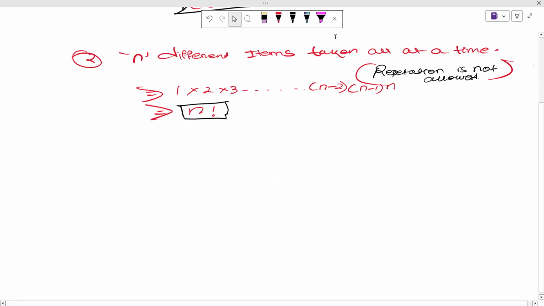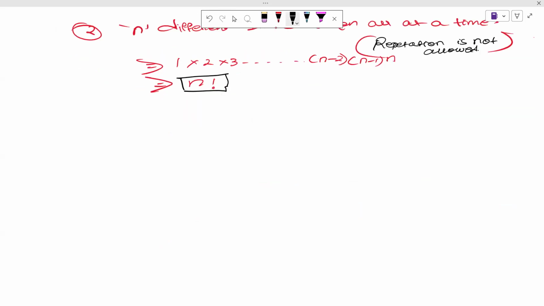Now, the last part: n different items taken r at a time.